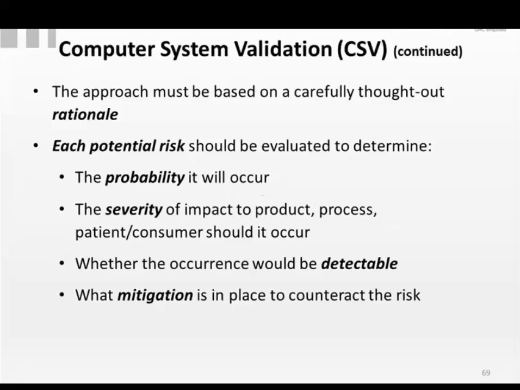And what mitigation do you have in place, whether it's procedural or technical controls, to counteract the risk? Based on these 4 areas, you can look at the potential risk scenario and come up with some type of rating, whether high, medium, low, 1 to 5, 1 to 10, as long as you do it consistently and identify or define what you mean by high, medium, and low, for example.